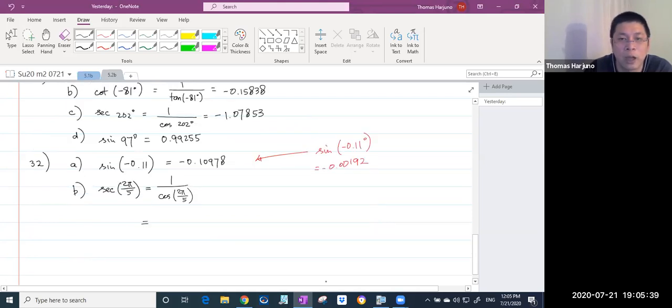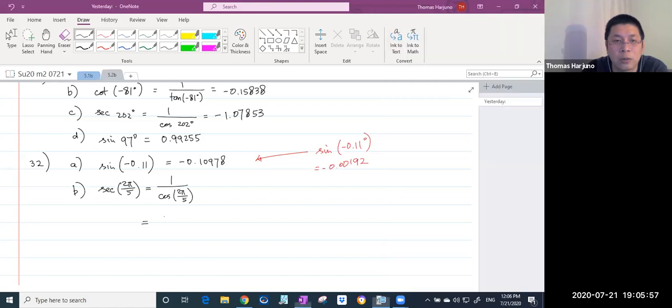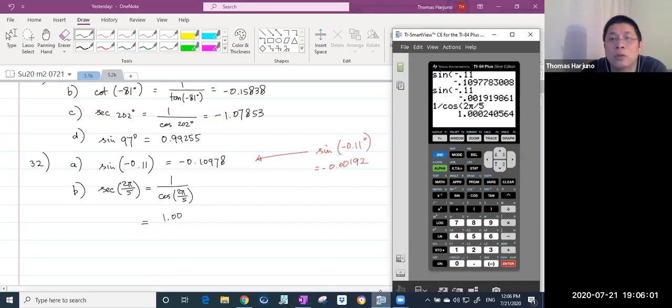Then we use our calculator. This is 1 divided by cosine of 2 pi over 5. That's 1.00024.